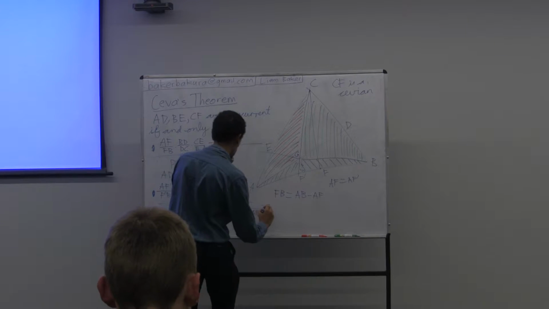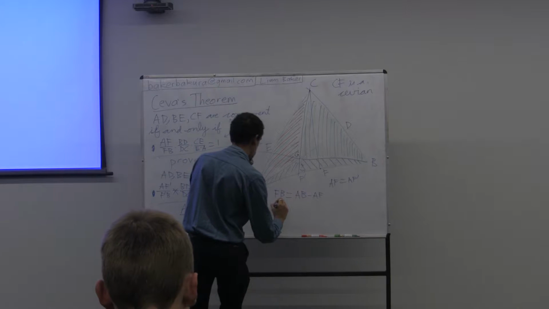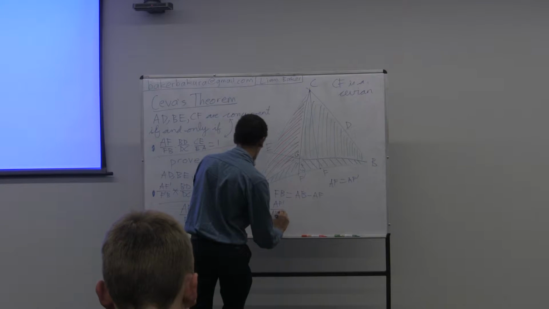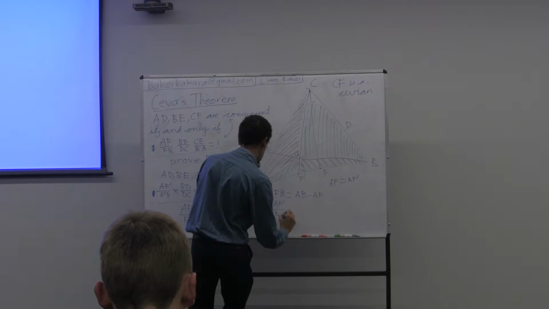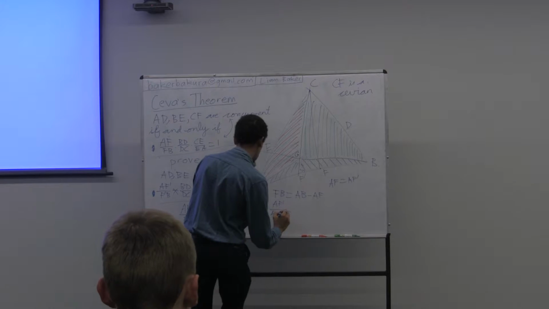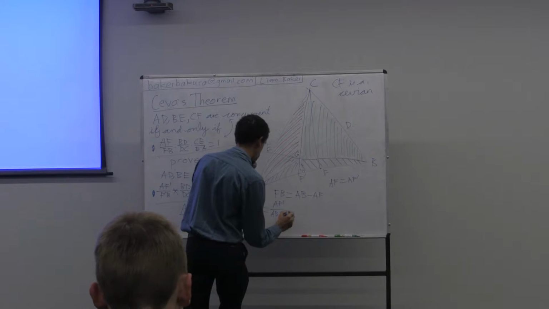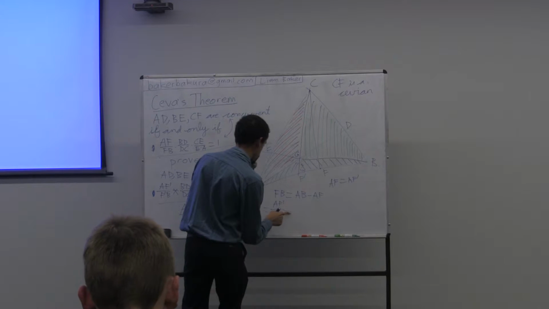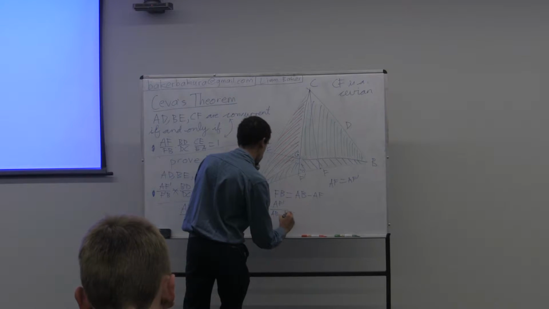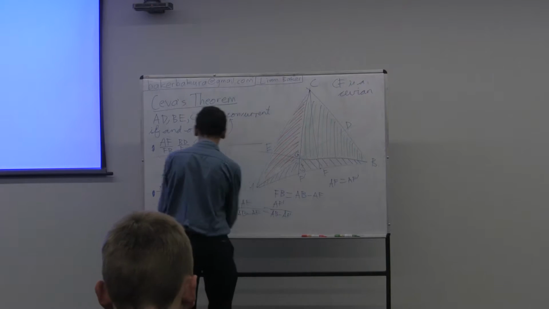Same thing on the other side. You have AF prime over AB minus F prime B. Right, yeah, F prime A. Now let's do AF prime.